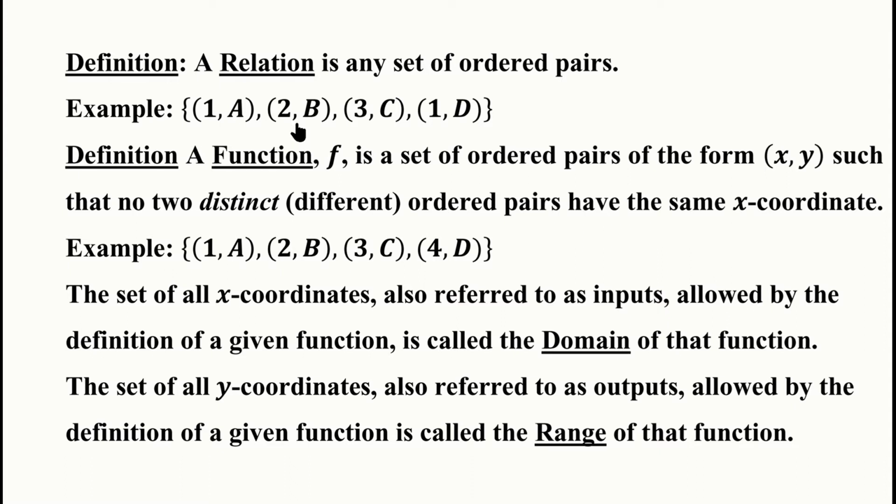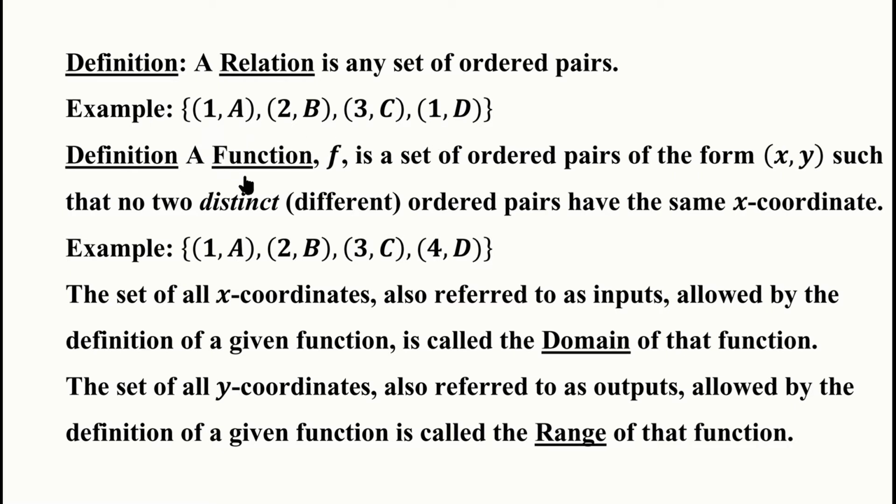So there are no restrictions on what kind of ordered pairs you can have, whether you can repeat the same input or any other kind of restriction. As long as you have a set of ordered pairs, you have a relation.